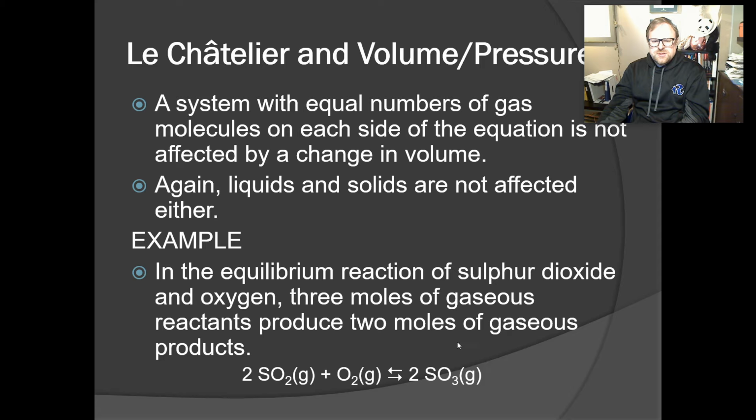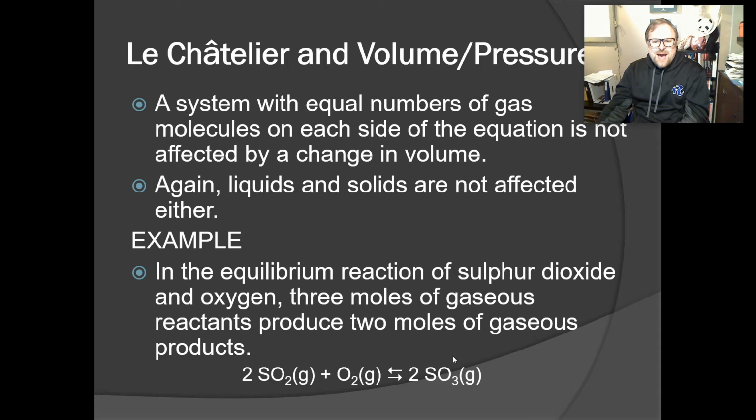If we look at this reaction system, and we're talking about a volume and pressure shift, on the reactant side here we've got 2 moles of sulfur dioxide and 1 mole of oxygen gas, giving us a total of 3 moles on the reactant side. There are only 2 moles of gas on the product side.